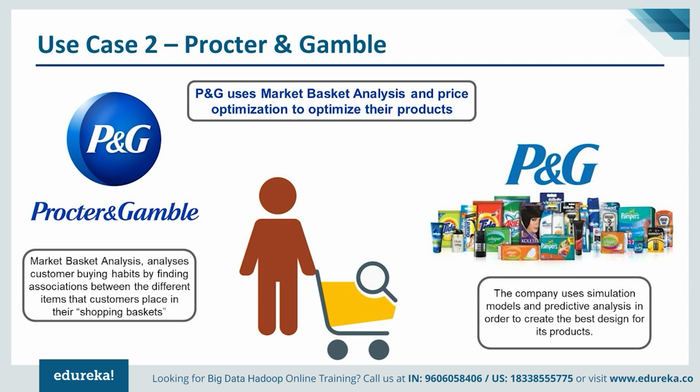I mean, we can't even imagine that a simple product like a dish soap also has so much thought process behind it and so many strategies or analytics applied behind it. So I hope that you guys found both these use cases really interesting, and how more such companies are utilizing big data analytics in a more proficient manner in order to increase their sales and marketing.